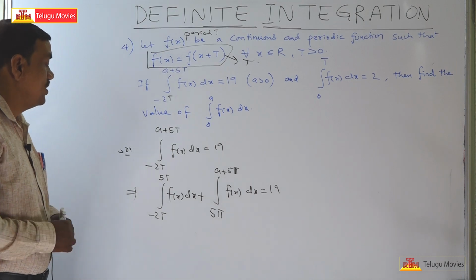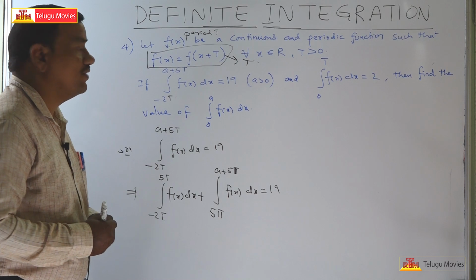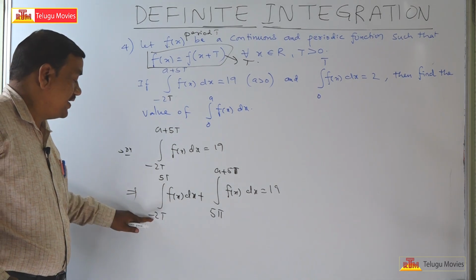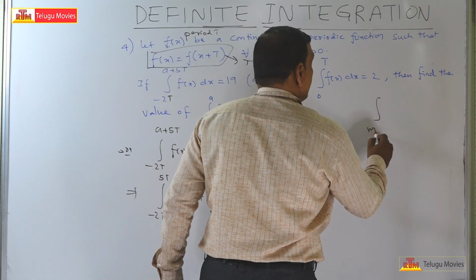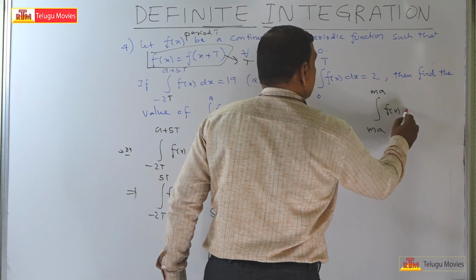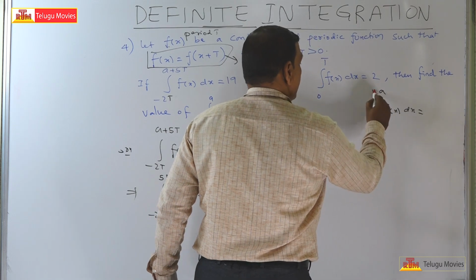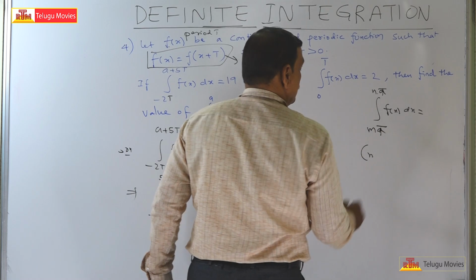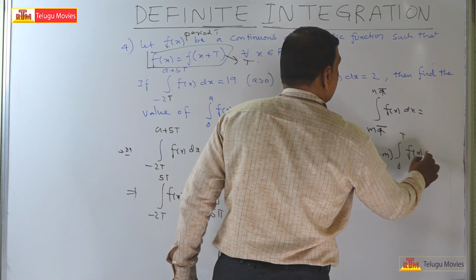Now, we have one property here. What is that property? Upper limit is 5T, lower limit is minus 2T. The integral from mT to nT of f of x dx is equal to (n minus m) times the integral from 0 to T of f of x dx.